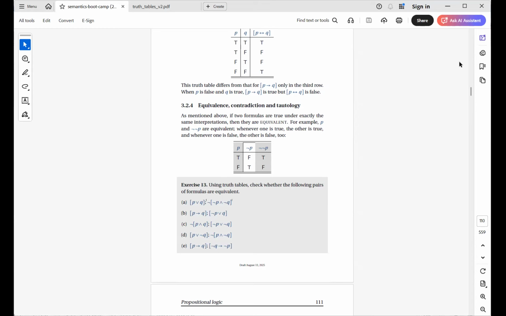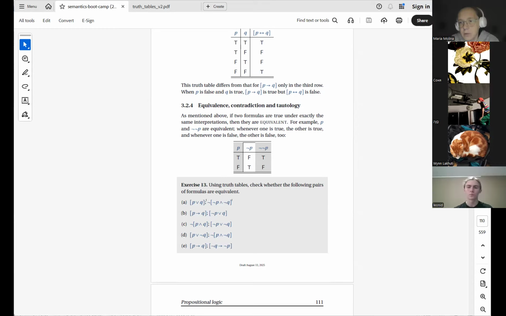Okay, any answers? What do you say? P to Q, negation of P or Q. Equivalent or not? Equivalent.